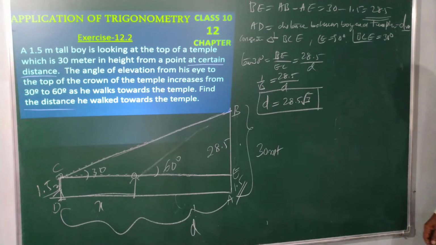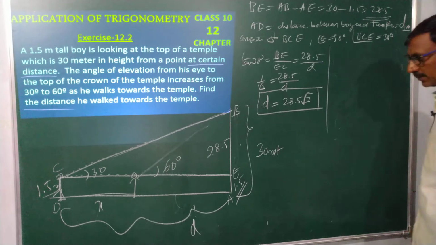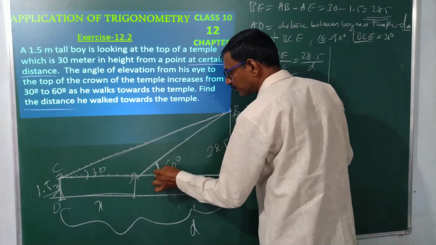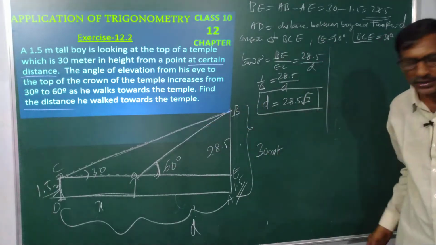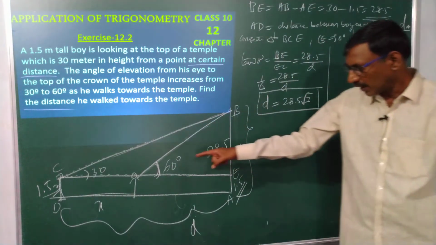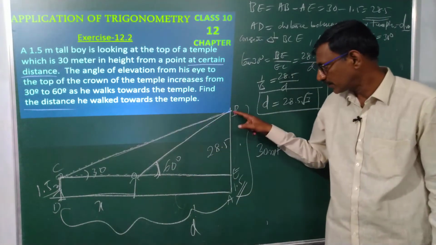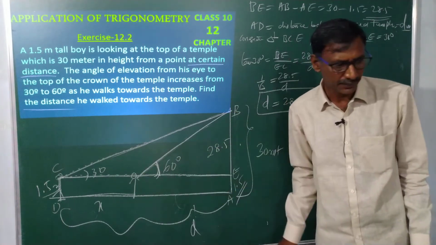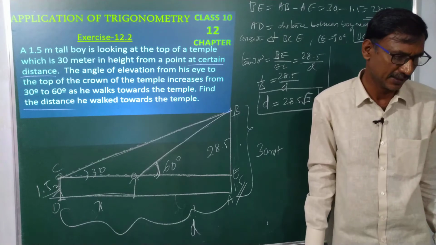Now coming to the second right angle triangle, this is my angle of elevation. He walks towards the temple and sees the same top at this point with an angle of 60 degrees.